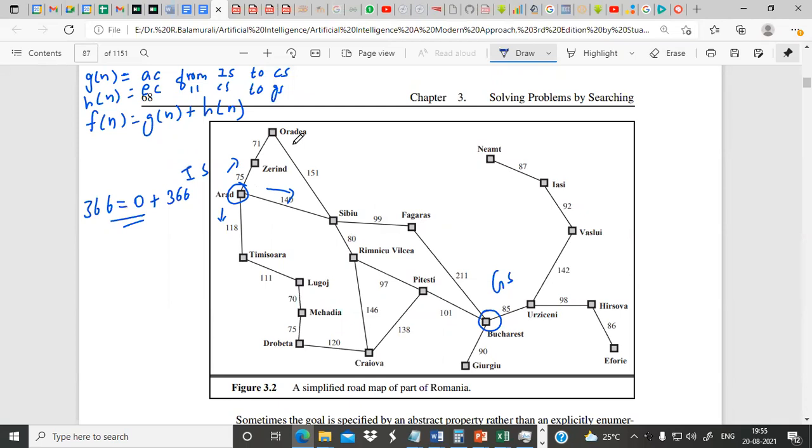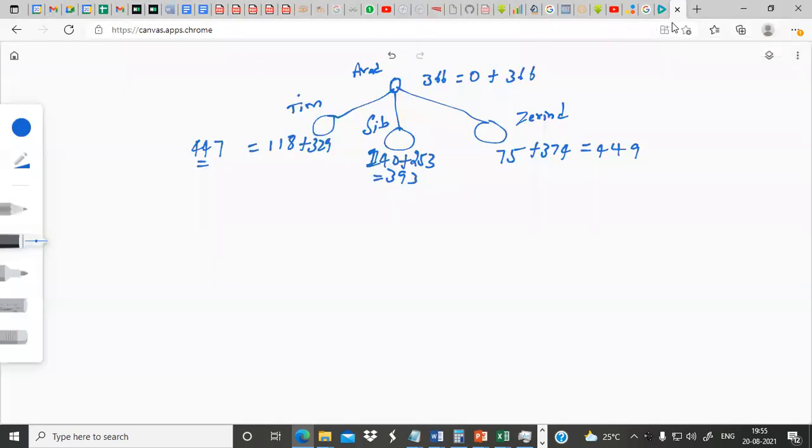You can go to Fagares at the cost of 99. Again, you can go back to Arad, but that also we should include, at the cost of 140. And you can go to Oradia at the cost of 151. Right? 80, 99, 140, and 151. So that is the path we are going to explore next.